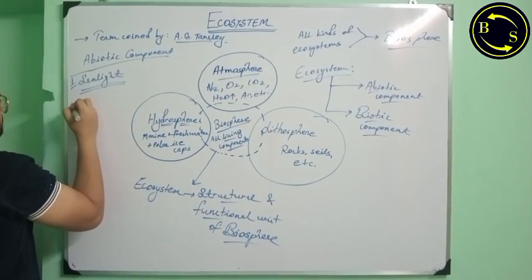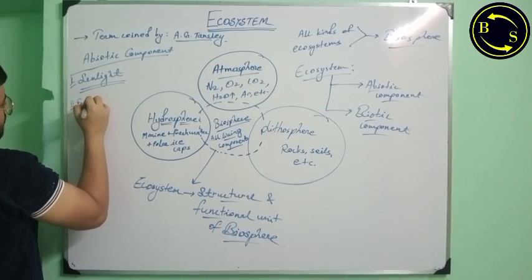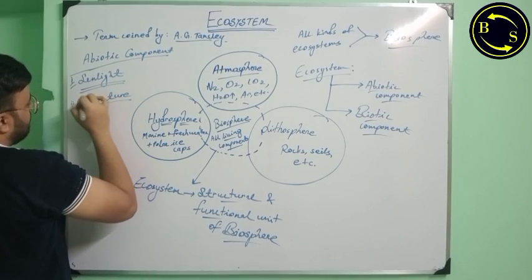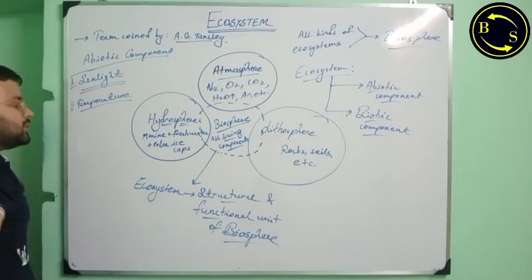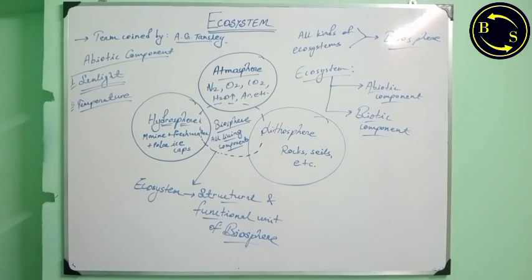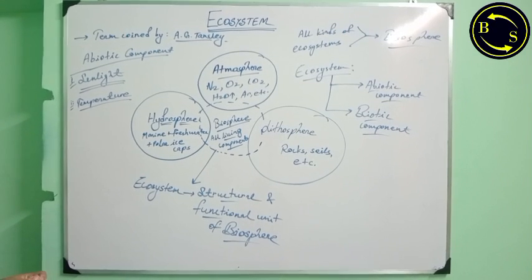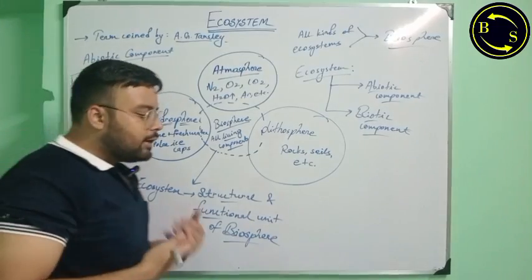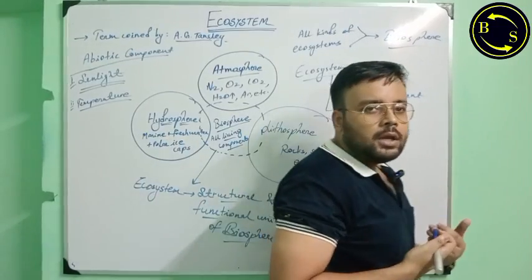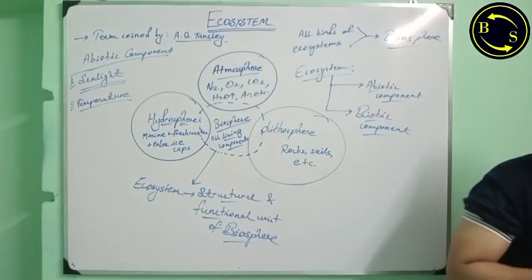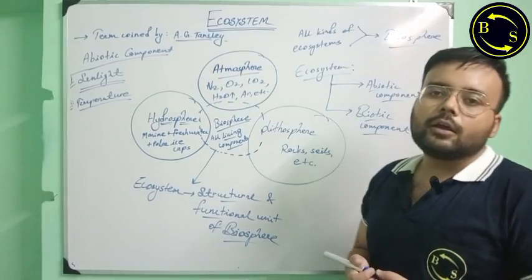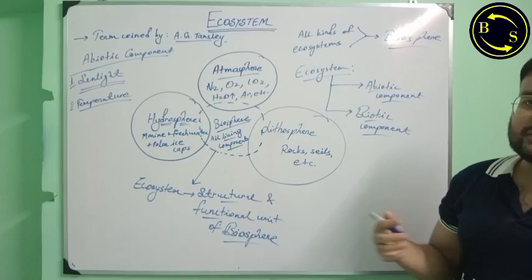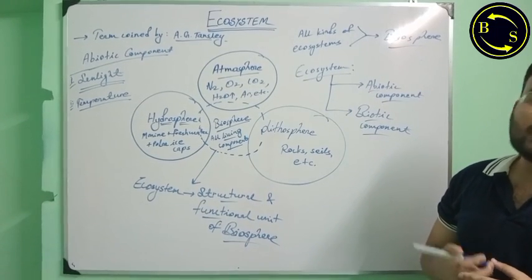Next is temperature. Now temperature is also very important for the survival of life, because if the temperature gets extremely low, what we find in the Arctic and Antarctic regions, the temperature year round remains sub-zero.